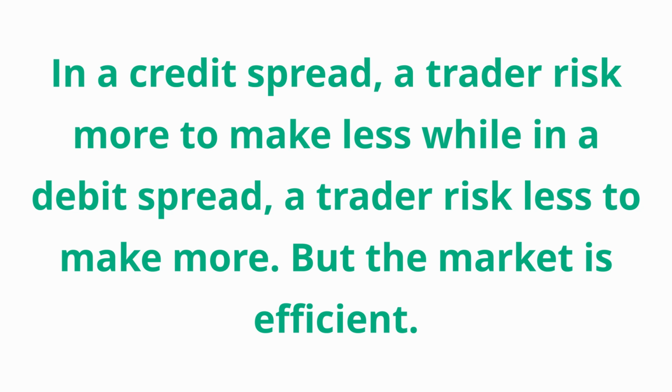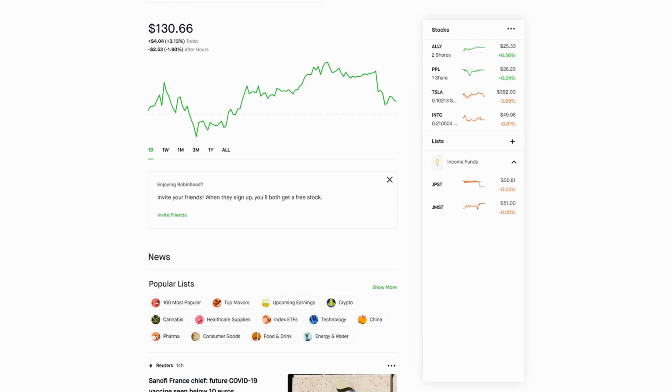Now that you know options terminologies and what credit and debit spreads are, let's go into Robinhood to place a trade. We will be using the S&P 500 ETF as an example. Alright guys, to place a credit and debit spread in Robinhood, I will be using the desktop platform, which is the website.